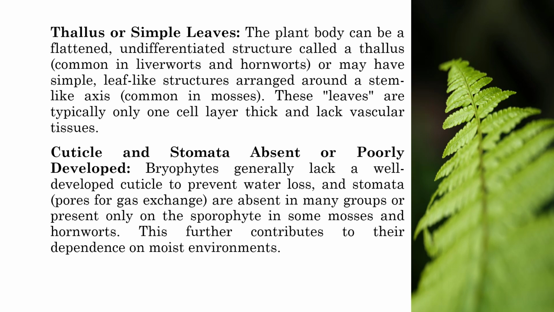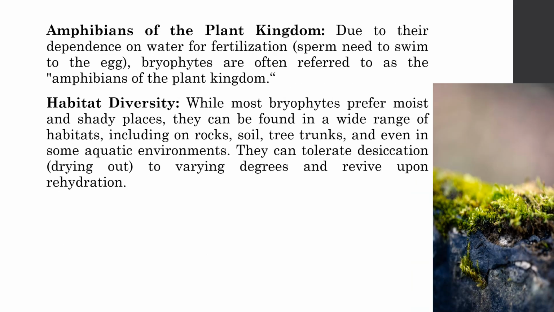Cuticle and stomata are absent or poorly developed. You can never find development of a cuticle, which prevents the loss of water, and stomata for gaseous exchange are mostly absent in these plant bodies, as these are completely dependent on the moist environment.